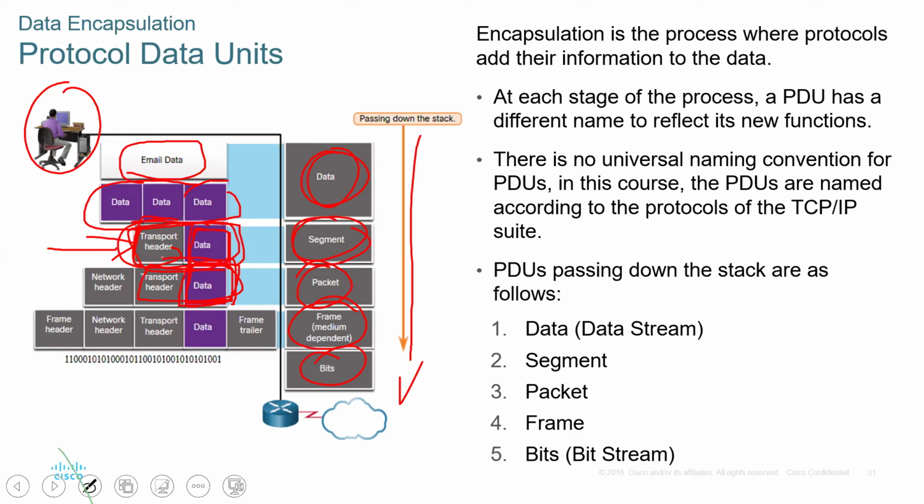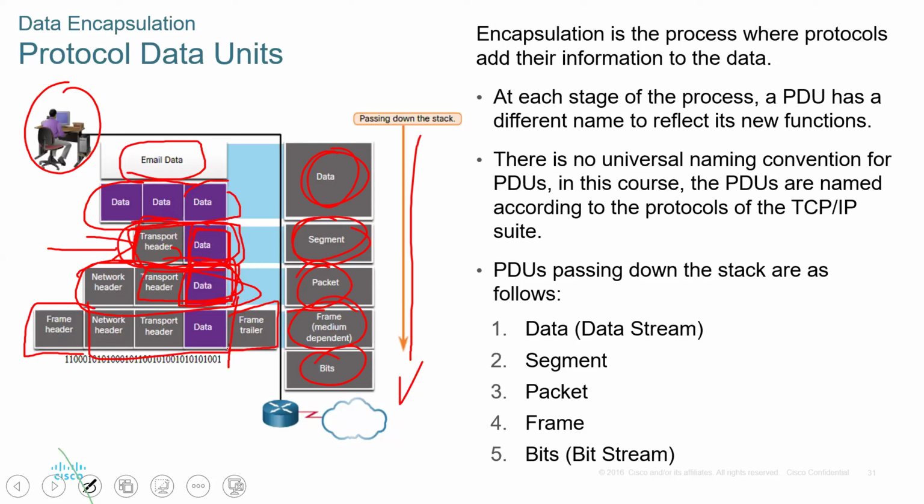All right. Then after that, it comes to the frame, which is the data link layer. Once the whole thing drops down, the frame will add its own frame header and then maybe a frame trailer. The frame header contains the MAC address of the sender and the MAC address of the next device, along with some other information.